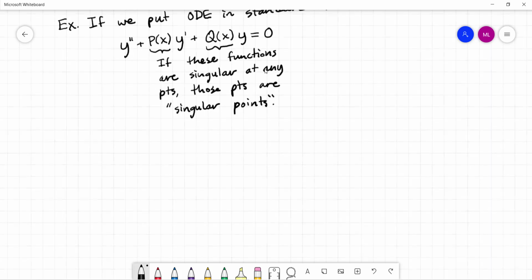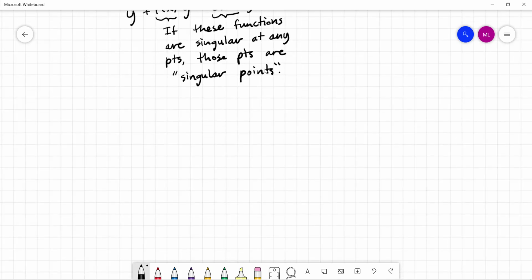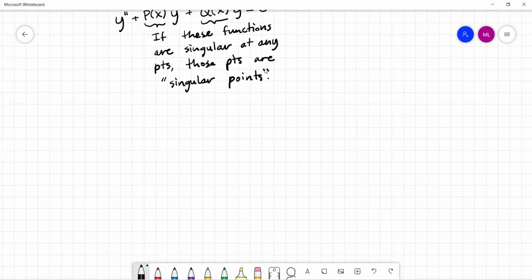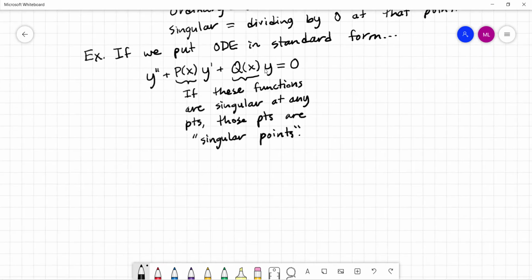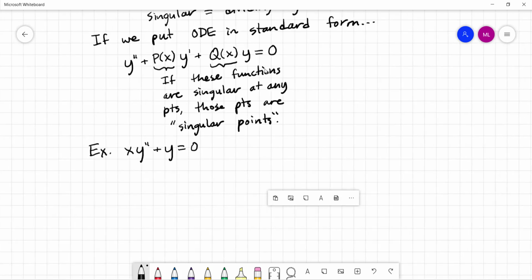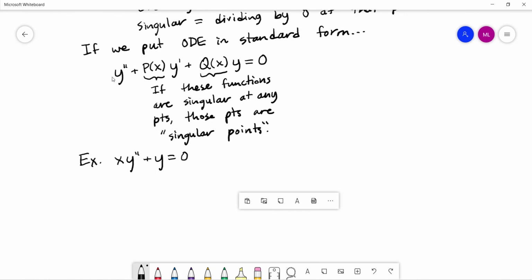Right, so for example, I called this an example, but I didn't really do a very good job of that. So let's not call that an example, let's call this an example. So to be more explicit, what if I had this, xy double prime plus y equals 0? Well, it looks fine, but it's not in standard form.